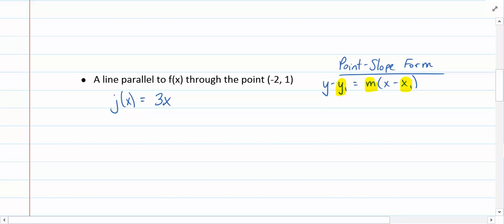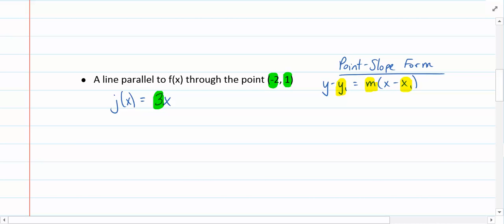Now, m clearly represents our slope, so we have that already. y1 represents the y variable of our given point, and x1 represents the x variable of our given point. If I replace these three values with the numbers that I have given to me in this problem, I can then use some algebra to rewrite this equation from point-slope form into our slope-intercept form.